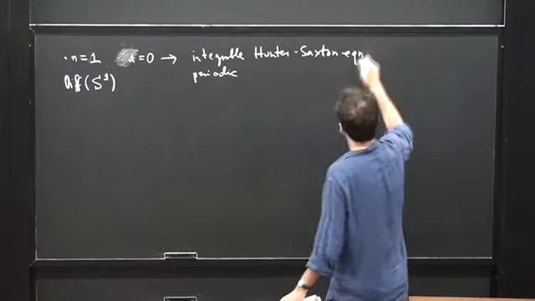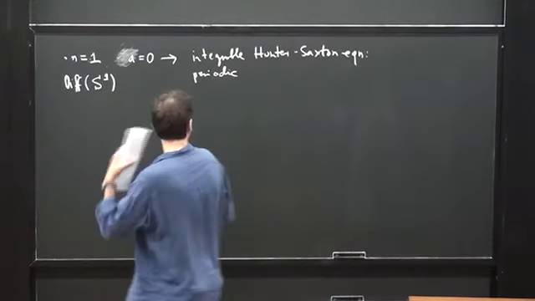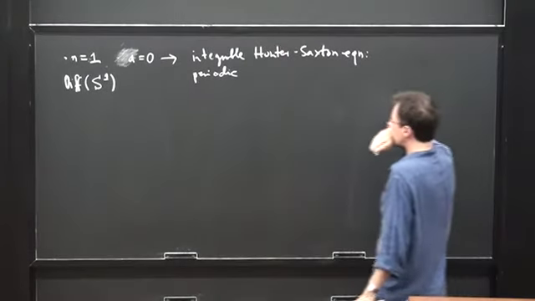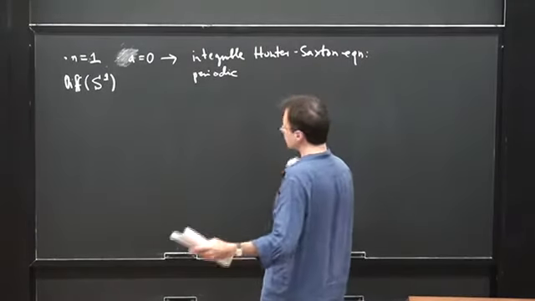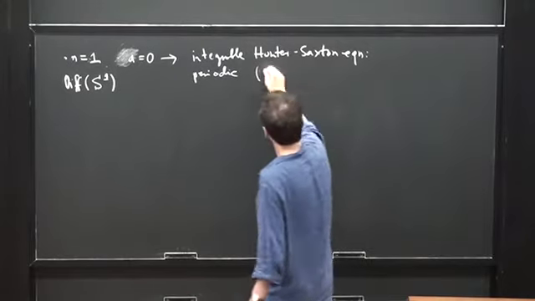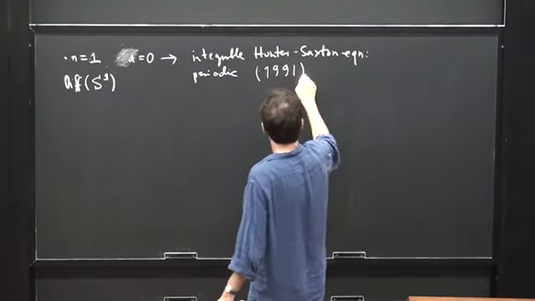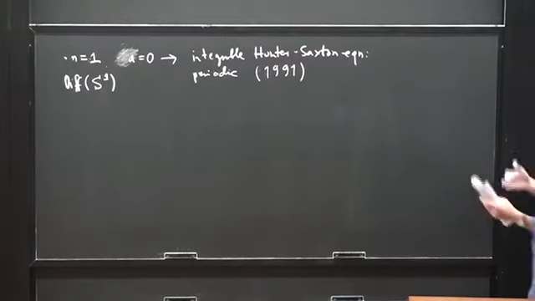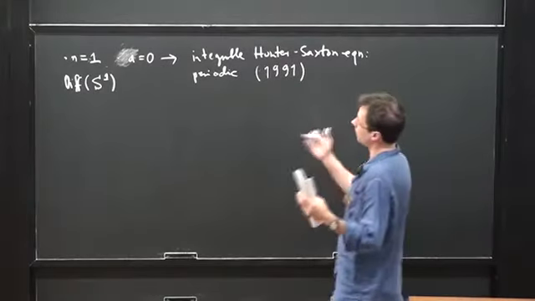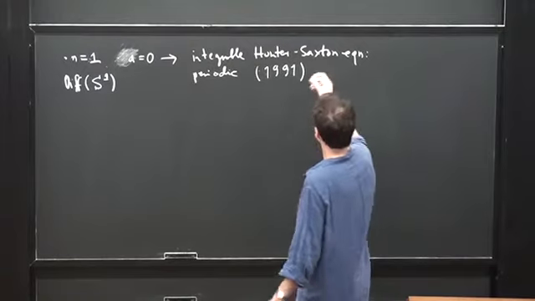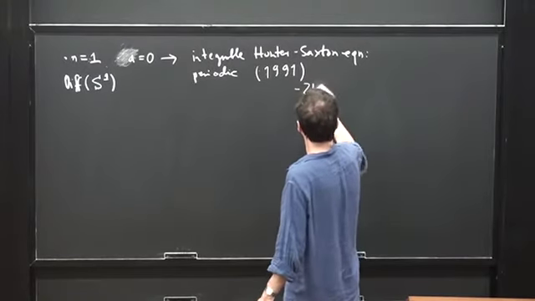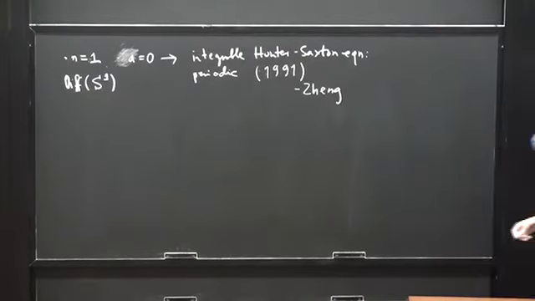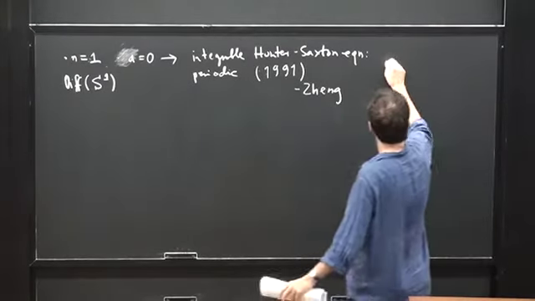Now, this equation was derived by Hunter and Saxton in the context of liquid crystals, and this, I think, goes back to 1991. Its integrability and its Hamiltonian and bi-Hamiltonian structures were studied by Hunter and Zhang, I think, in 93 or 94. Now the equation looks like this.